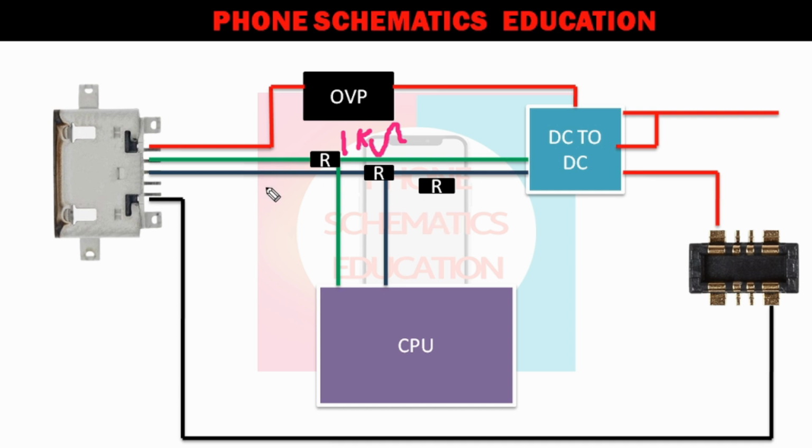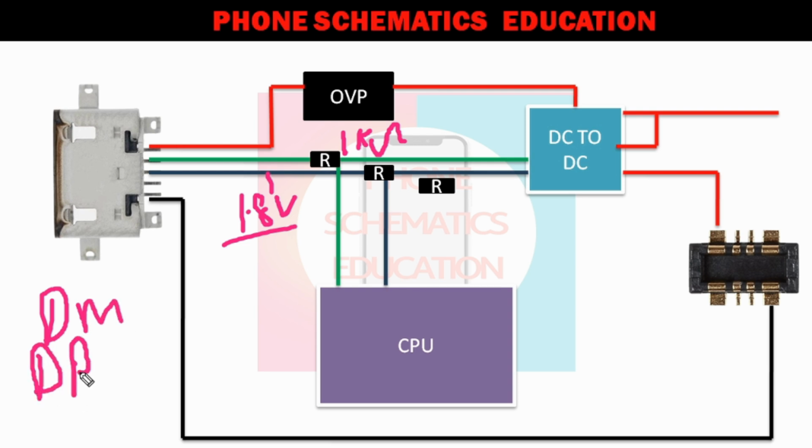Clear? On both of these lines you will get 1.8 volt. How do these lines work? What are the functions? These lines are called DM and DP, data minus and data positive.